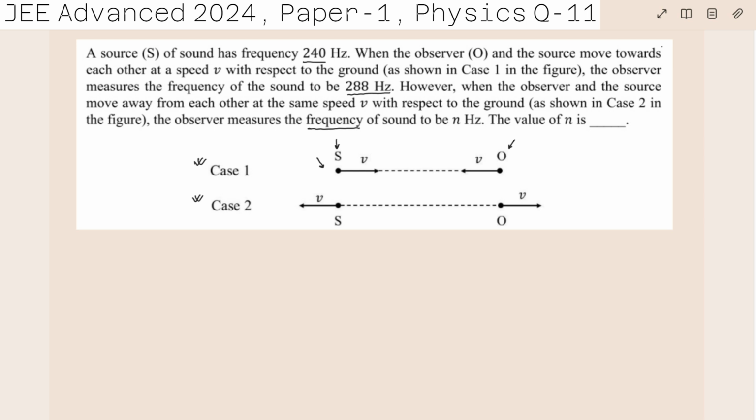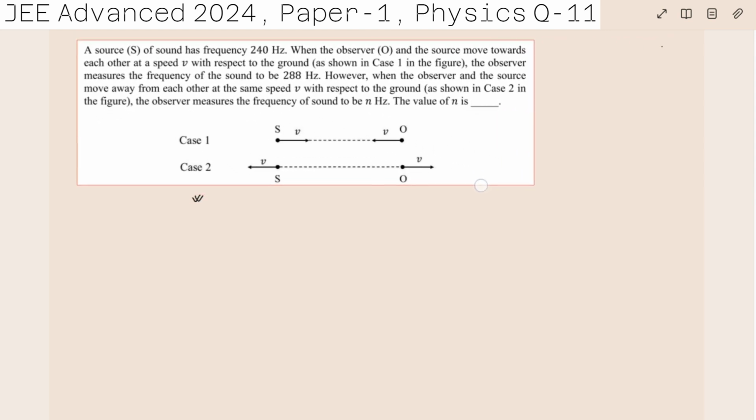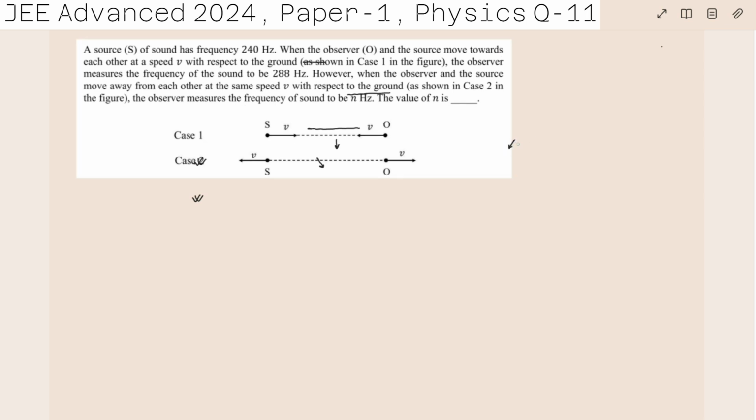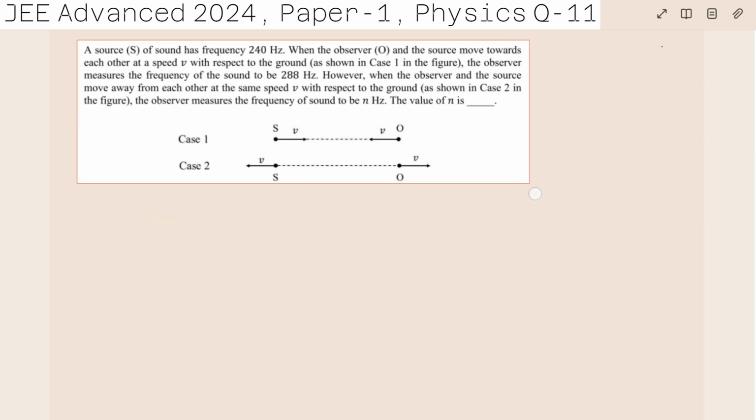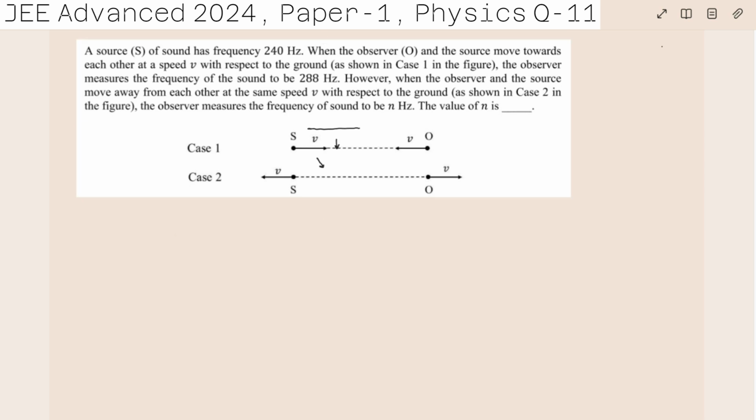So what is the Doppler effect? The Doppler effect states that when a sound wave propagates, and the observer and the source are moving from their initial positions, the observed frequency changes. It's not the actual frequency that the sound wave emits at the source.